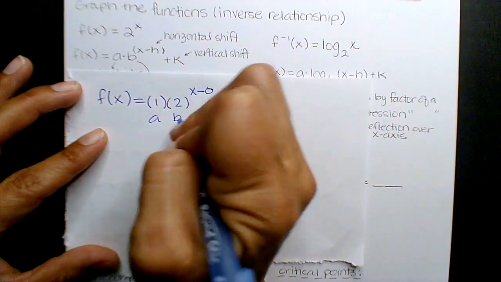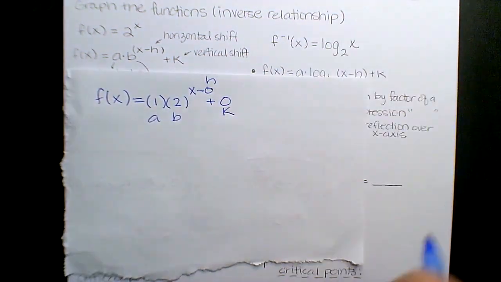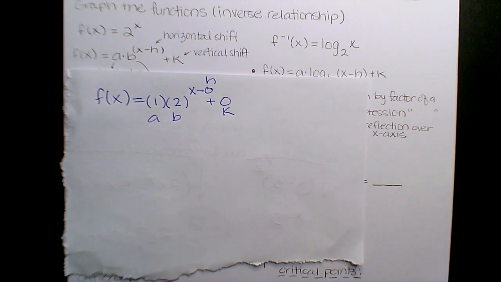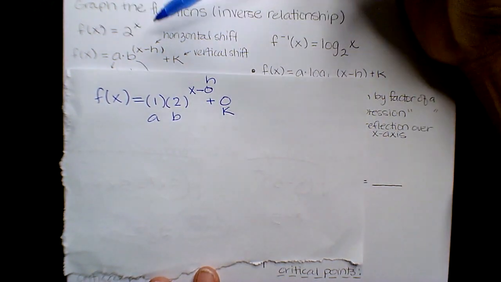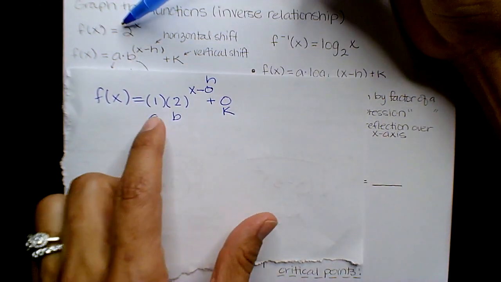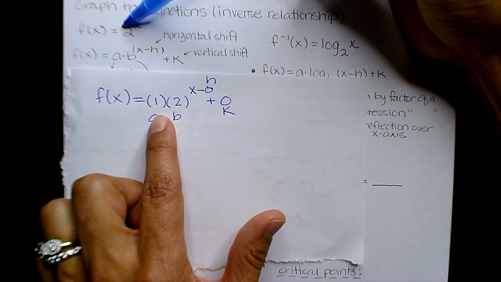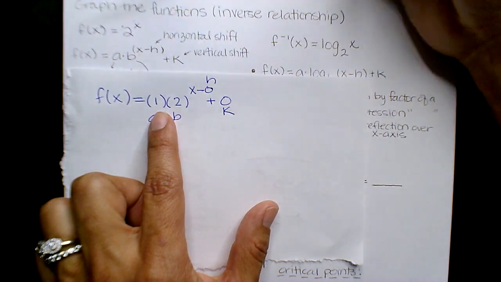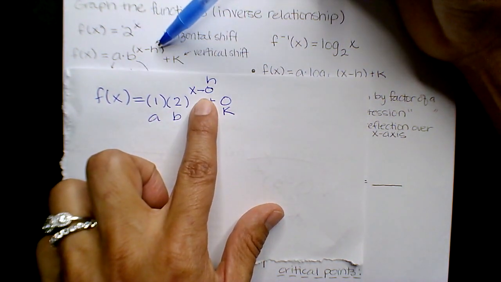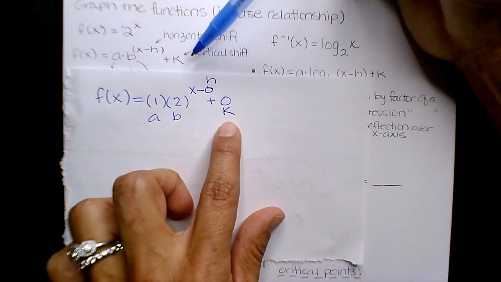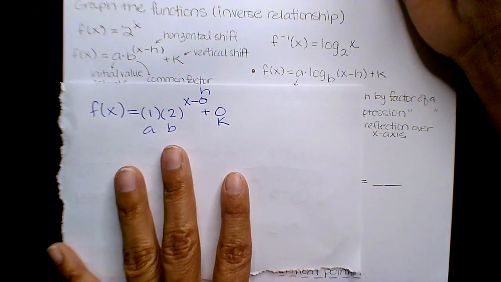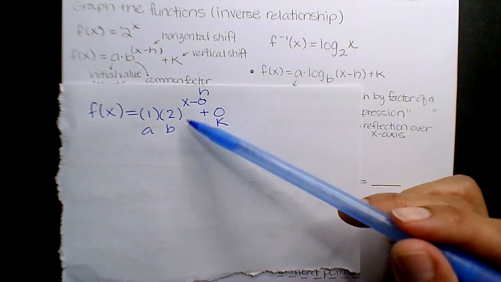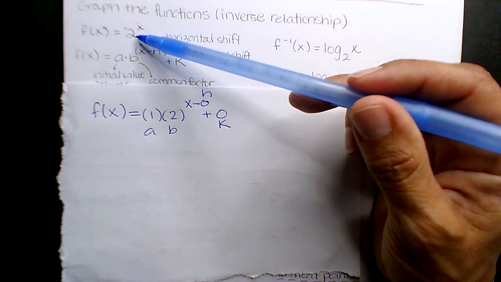If you really wanted to see that a, b, h, k, I gave you just f of x equal to 2^x. There really is an a value, your starting value, 1, your intercept. You have your h, which is your horizontal shift, and then your k, which is your vertical shift, okay? So this is what this looks like.